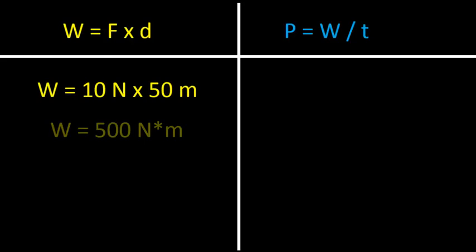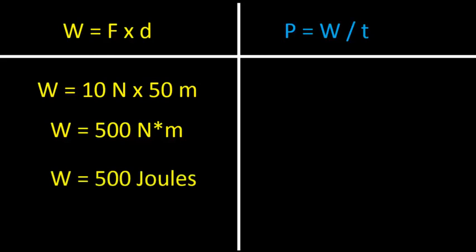So to review, the formula for work is work equals force times distance. We have the example of 10 newtons times 50 meters, and work equals 500 Newton meters, or work equals 500 joules.